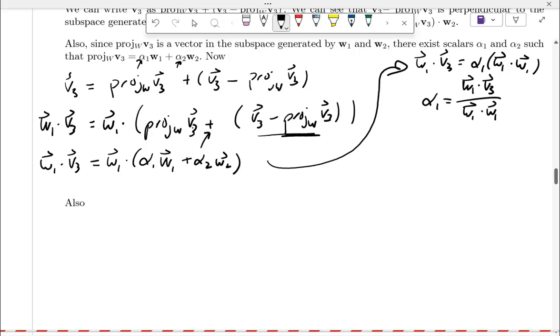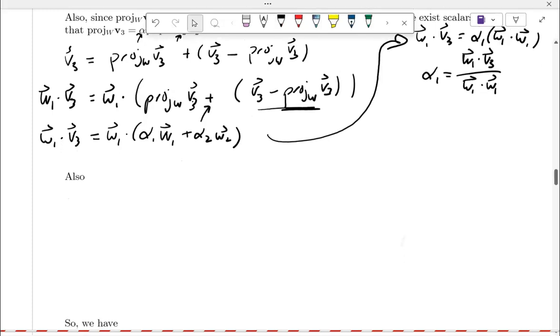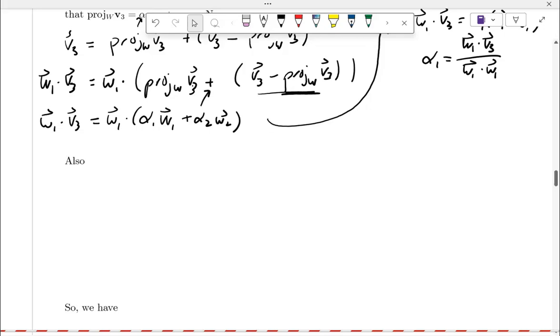So what do you think alpha 2 is going to equal? W2 inner product with V3 over W2 inner product with itself. It's the exact same rationale, just replace your W1 with W2. You'll get literally the exact same work.